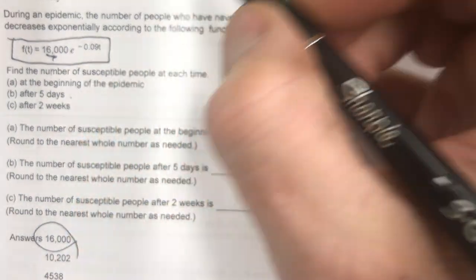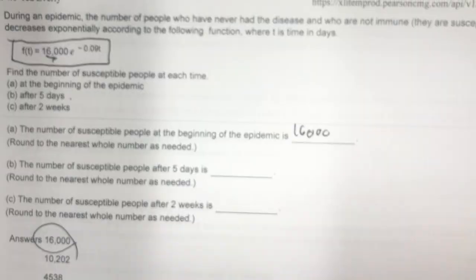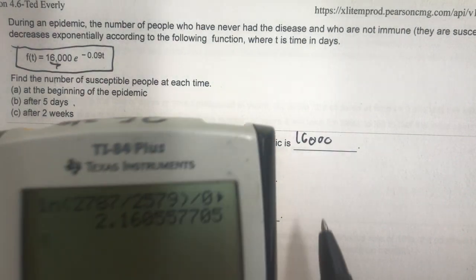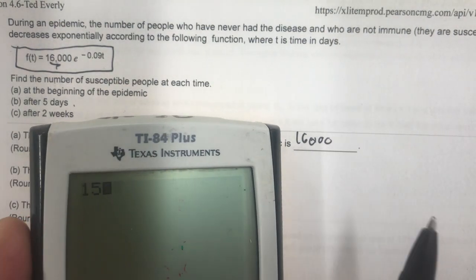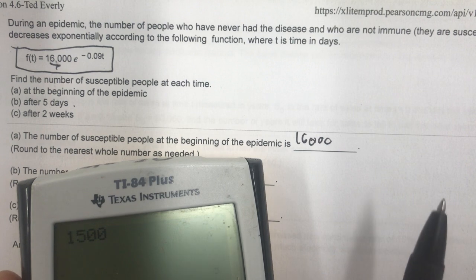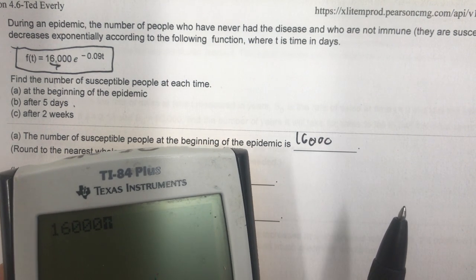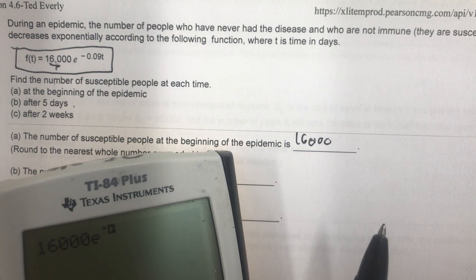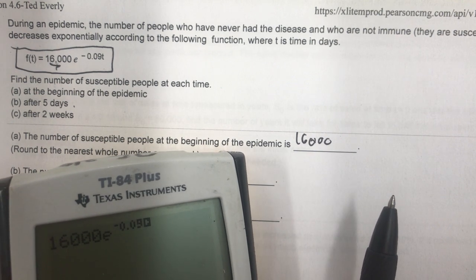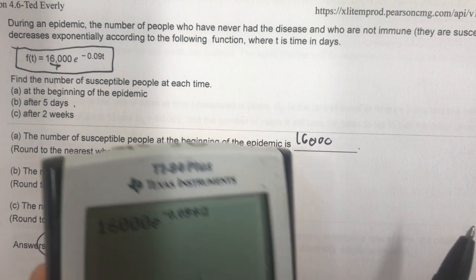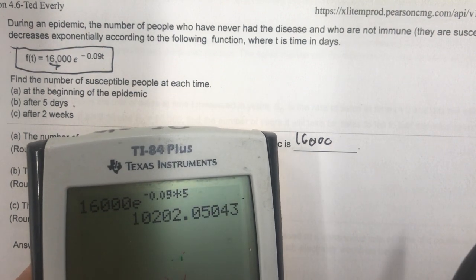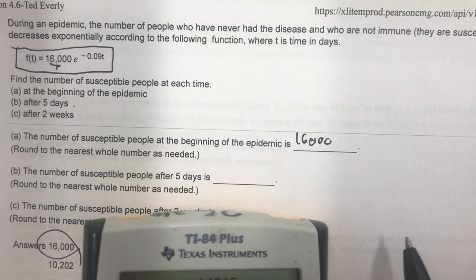After 5 days, okay, I'm going to put 5 in for t. So this is the same stuff we've done on these other problems. 16,000 e to the negative 0.09 times 5. I get this 10,202.